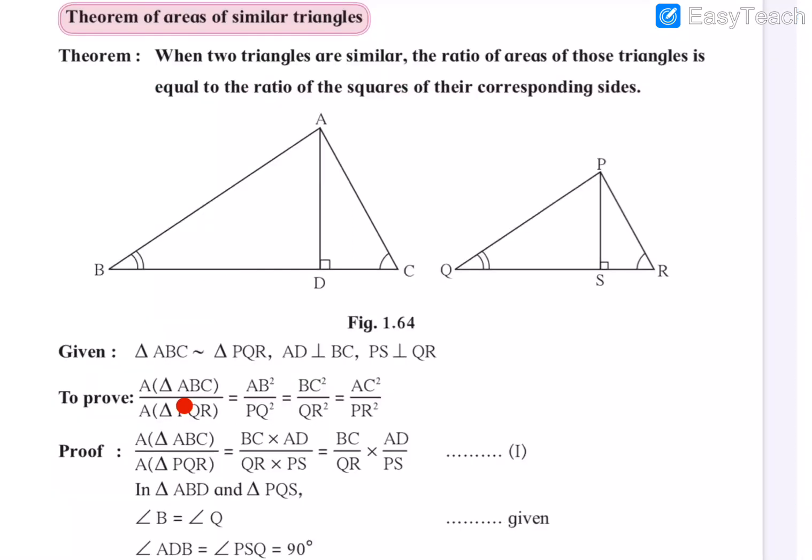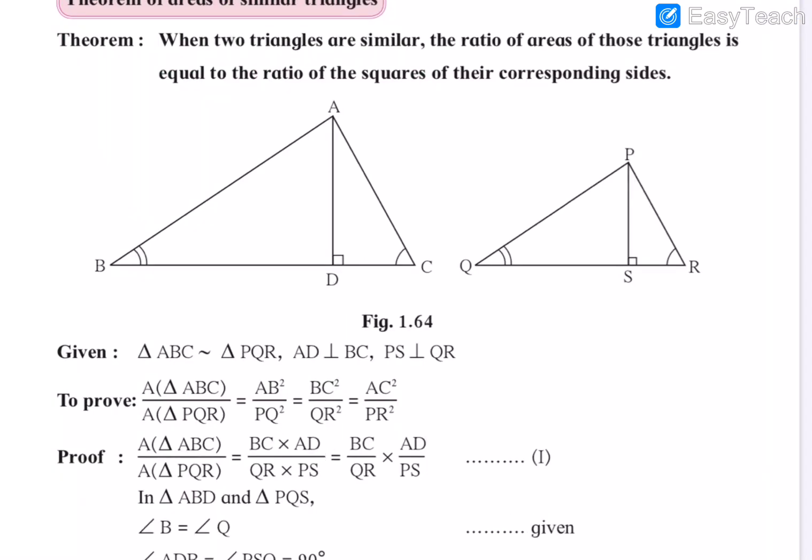So we can look at the proof of the theorem. First we take the ratio of the areas of the two triangles ABC and PQR: area of triangle ABC divided by area of triangle PQR. How will we find the area of triangle ABC? Its height we know, since a perpendicular is drawn: the height is AD and the base is BC.